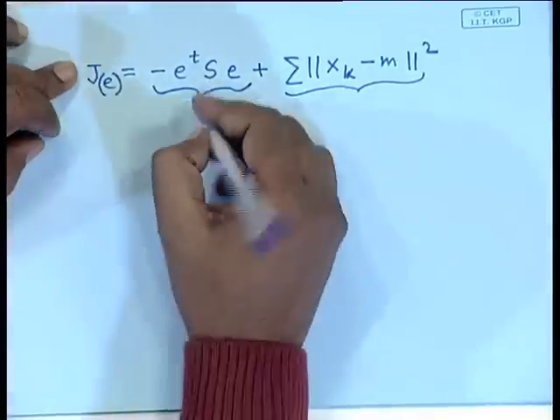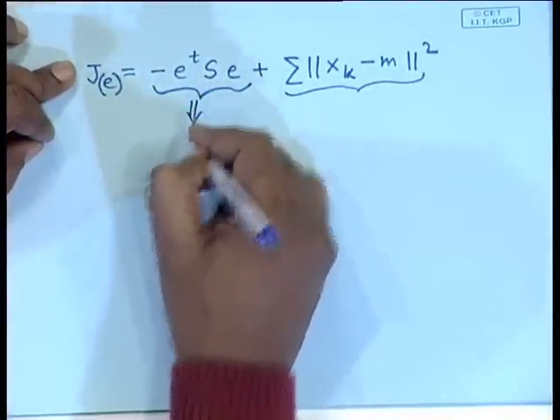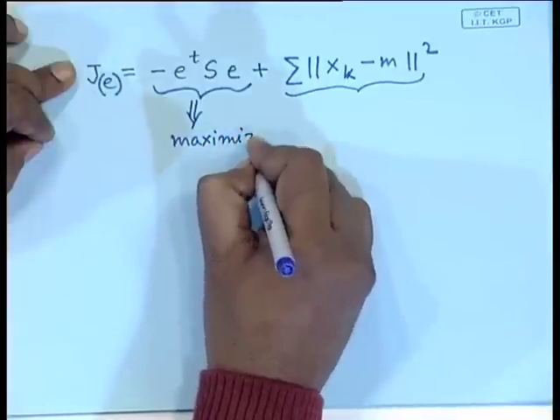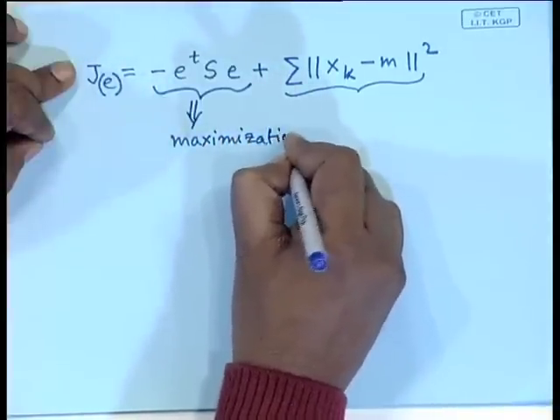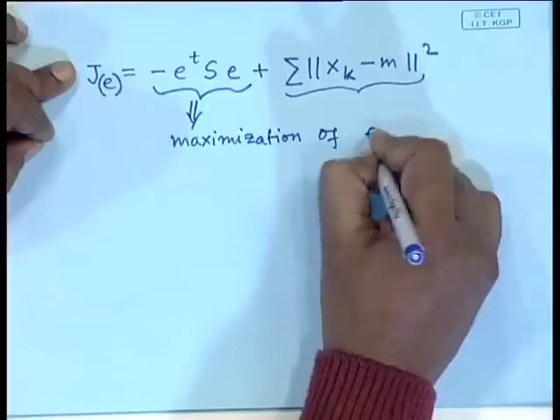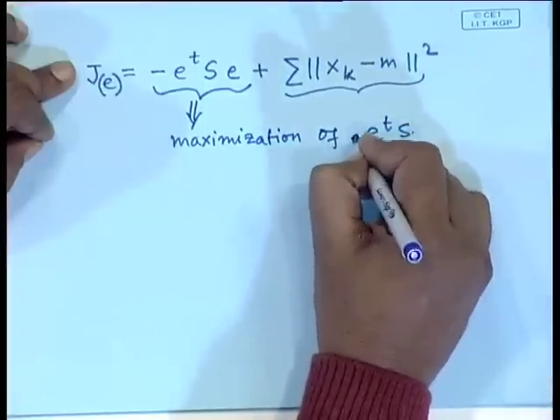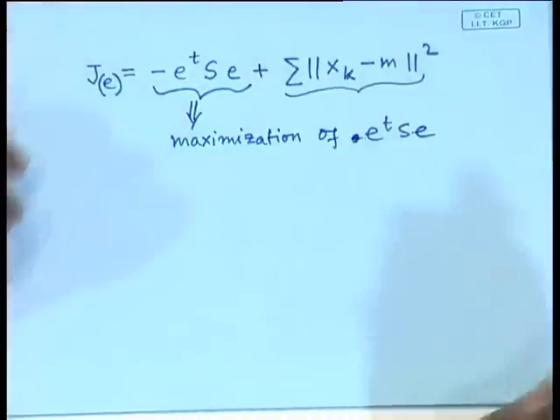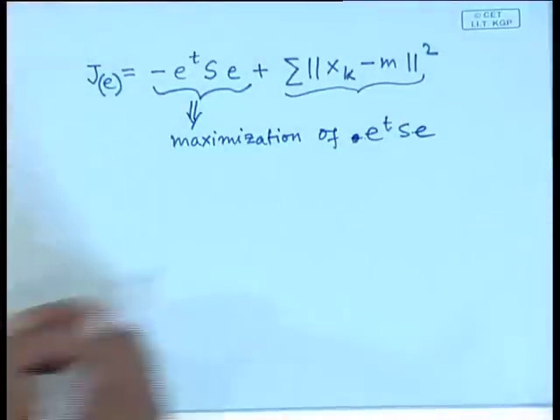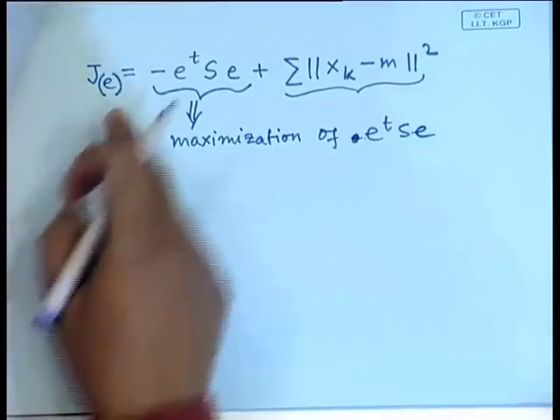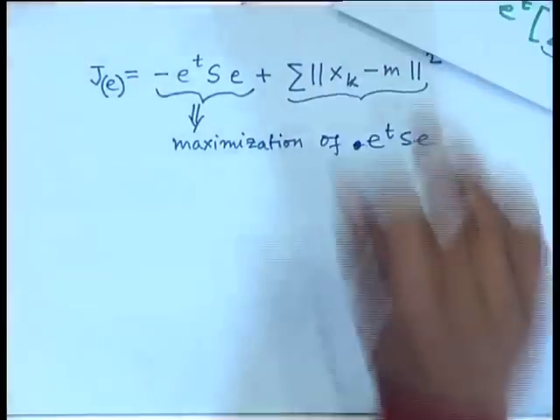Minimization of J E effectively means maximization of E transpose S E. So, if I maximize this E transpose S E, effectively I am minimizing this criterion function J E.